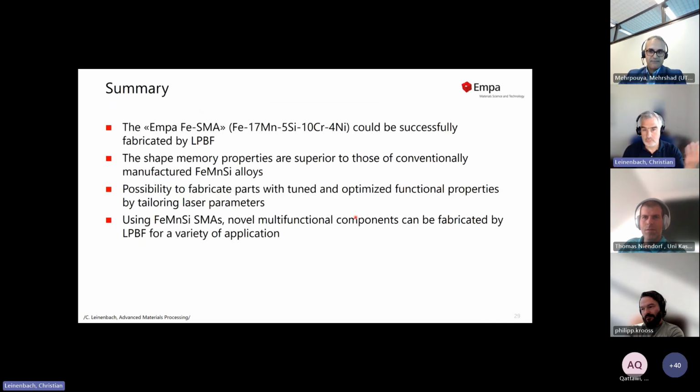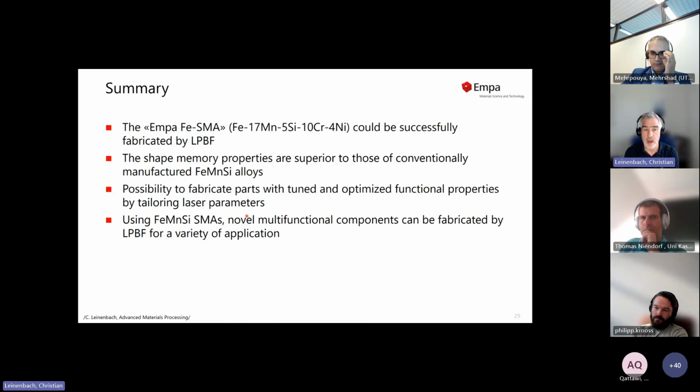Just to summarize, this alloy, the iron manganese silicon alloy, is surprisingly easy and robust to fabricate by LPBF. The shape memory properties of AM parts are superior to those of conventionally manufactured iron manganese silicon alloys. And we can tune the microstructures.